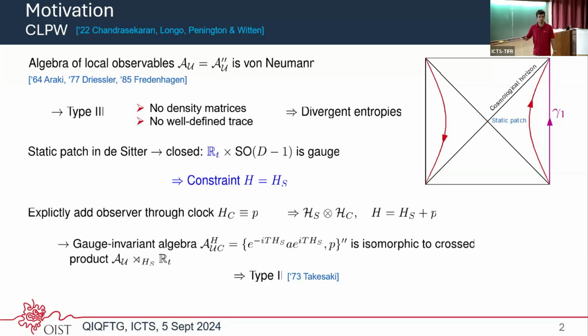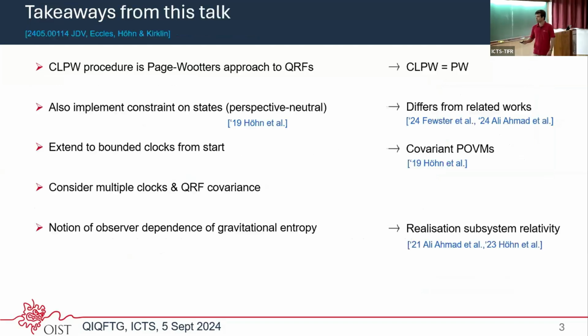This is the main motivation of this paper, because I want to highlight that this is nothing but introducing a quantum reference frame and then taking the perspective of the observer to describe the system. For the talk, I have slides with takeaways, and I will go over them in order.